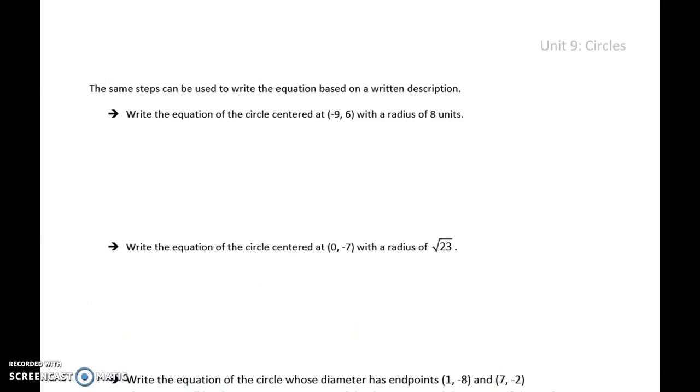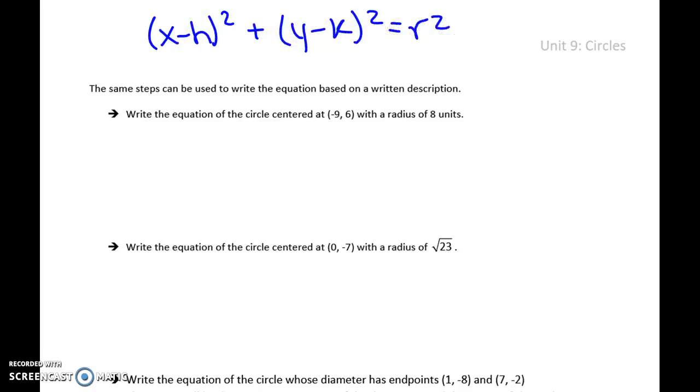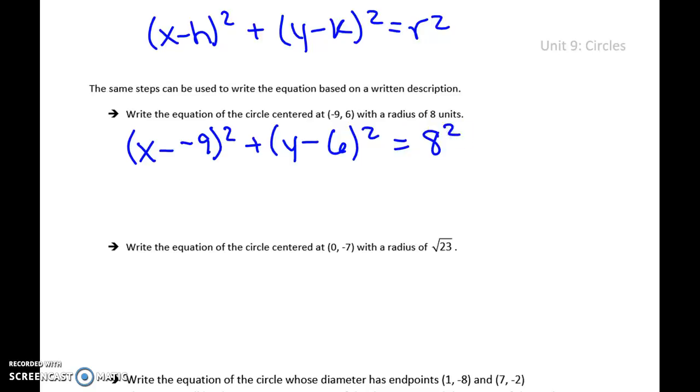Let's do some examples. We're going to write the equation of a circle centered at negative 9, 6 with a radius of 8 units. I'm always going to use my standard format, (x minus h) squared plus (y minus k) squared equals r squared, and just plug straight in. X minus the x value of my center, negative 9, squared, plus y minus the y value of my center, 6, squared, equals my radius, 8, squared.